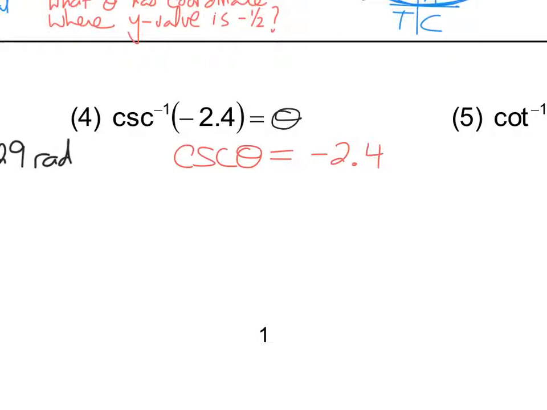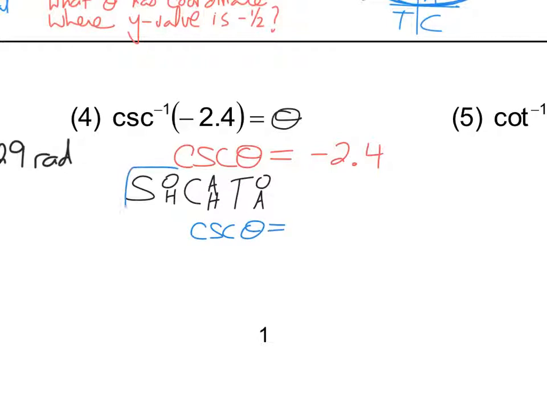Doesn't look like our situation is improved, but we do actually know things like SOHCAHTOA and everything that goes along with it, all the other ratios. And one of those ratios would be the cosecant ratio. Cosecant of theta in general is the reciprocal of sine, so it would be the hypotenuse over the opposite.